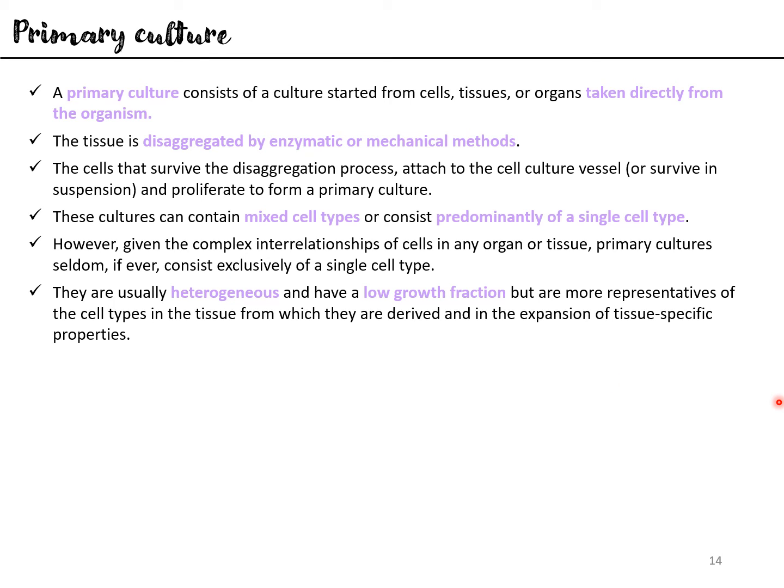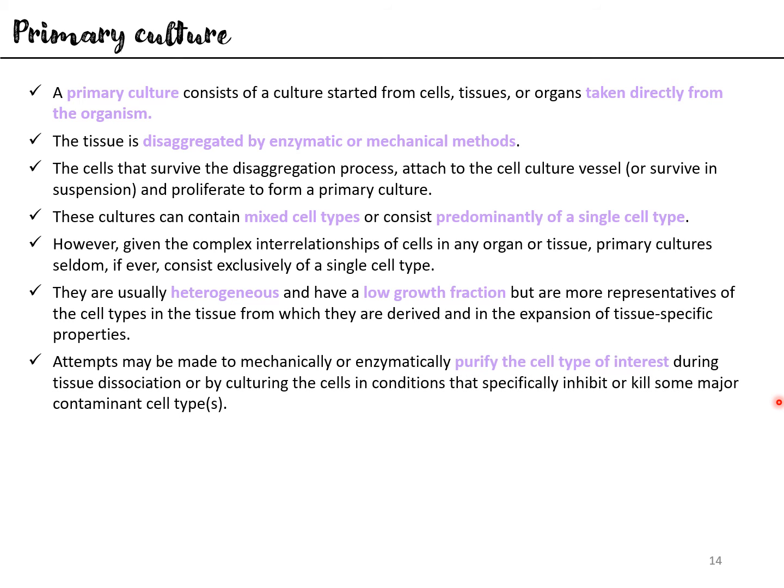So obviously they will be heterogeneous because it will be a mixed population comprising different cell types, but they are a better representation of the specific tissue from which these cultures have been derived, and as they expand in culture, they will retain these tissue specific properties, like for instance the relative proportion of the different cell types in that tissue.